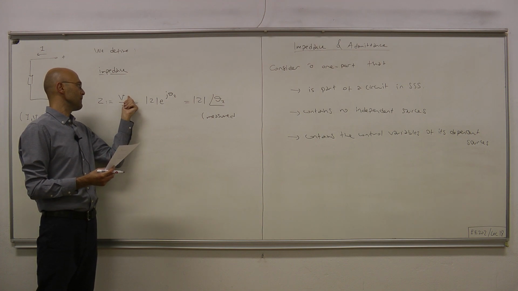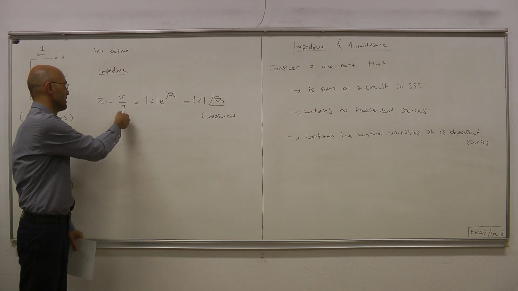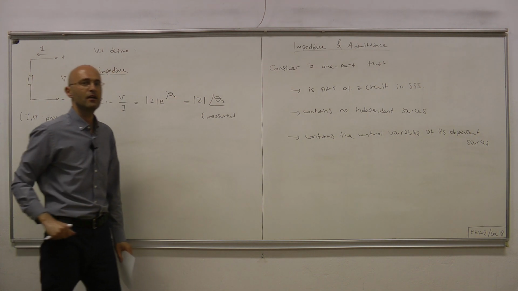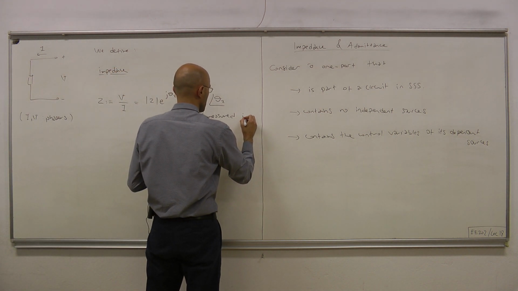Likewise, the voltage phasors are measured in volts and current phasors are measured in amps. So we carry all the units directly to the so-called phasor domain, measured in ohms.